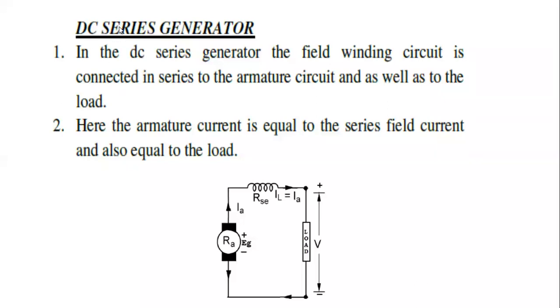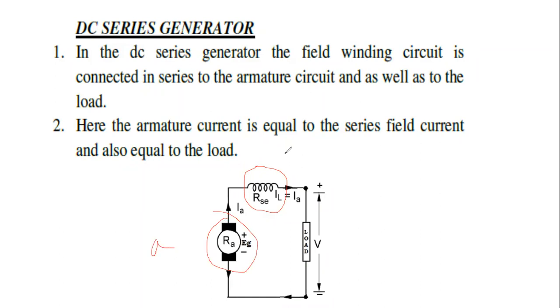In the series generator, the series field winding is connected in series to the armature. This is the series field winding of a DC generator, and this is the armature of a DC generator.